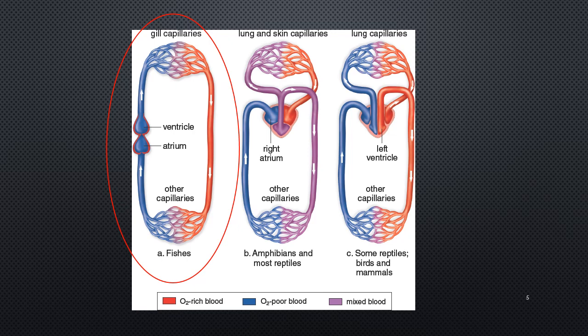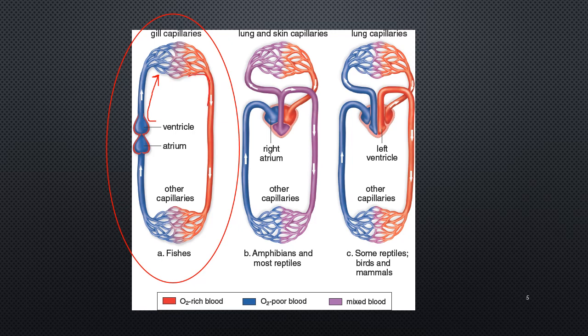So in this sense, the ventricle side of the heart pumps out deoxygenated blood, and that blood then passes through the capillaries where gas exchange occurs in the gills and allows that blood to be oxygenated.